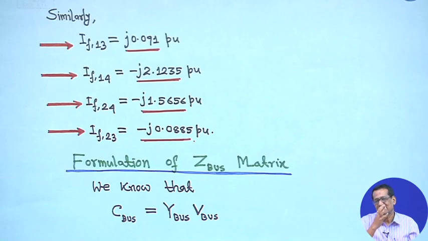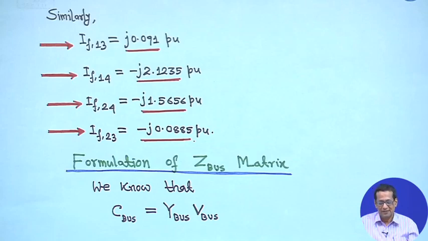Direct inverse for a large system may give errors. Some special techniques exist for inversion, but we will not discuss that; our objective now is the formulation of the Z bus matrix.